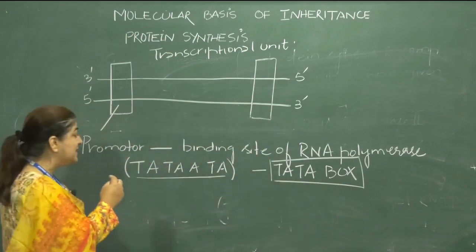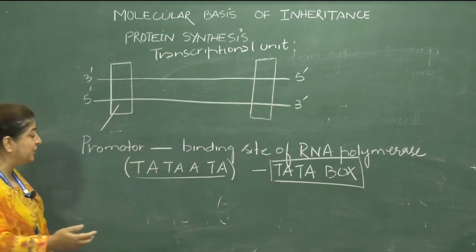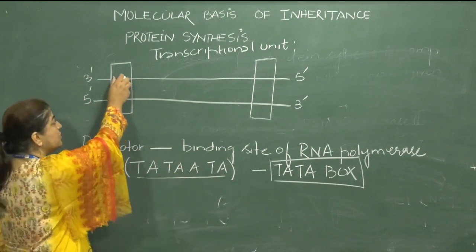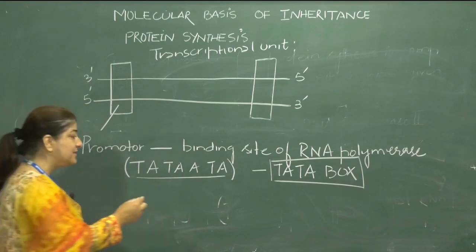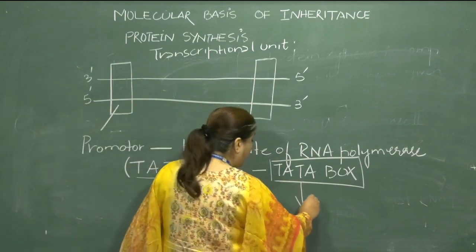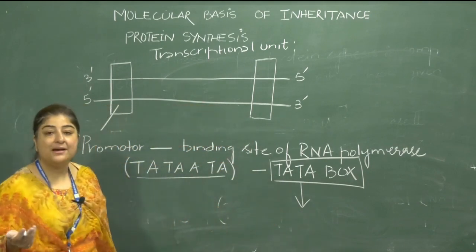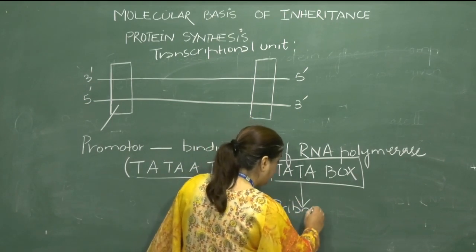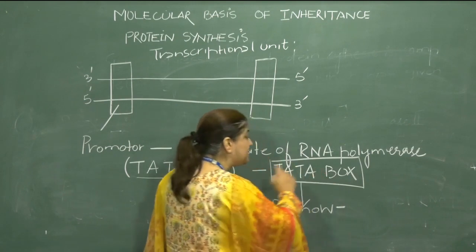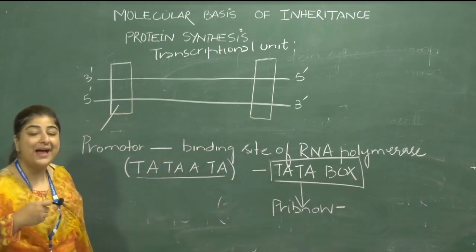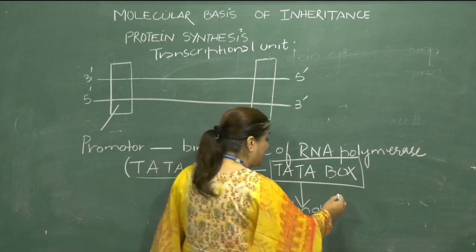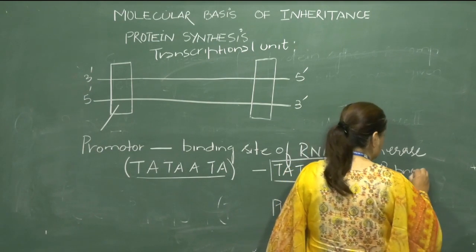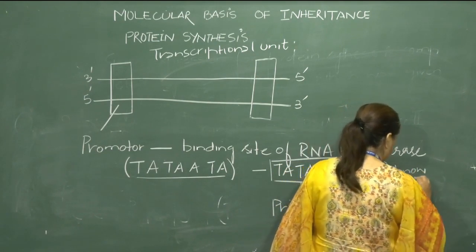Because it has certain sequences that are repeated continuously, that is TA, TAAA. That is why this promoter region is termed as the TATA box. These sequences were discovered by a scientist named Pribnow, so the TATA box is sometimes also referred to as the Pribnow box.